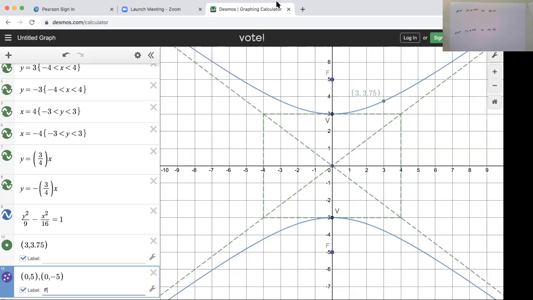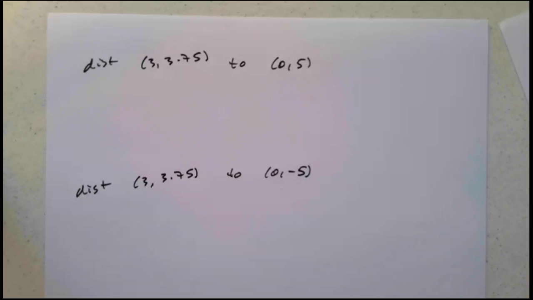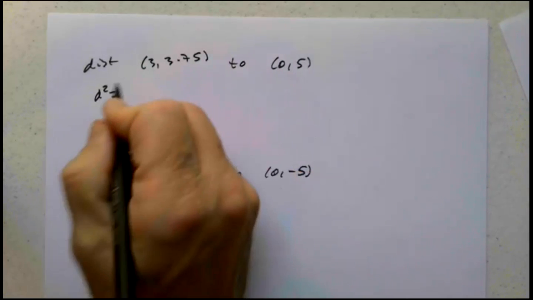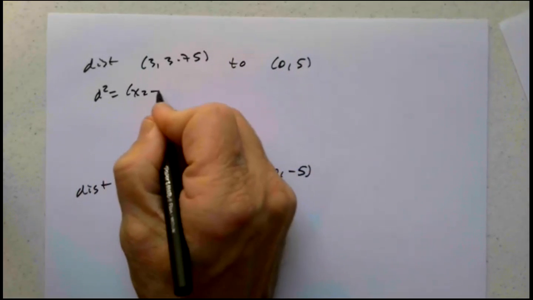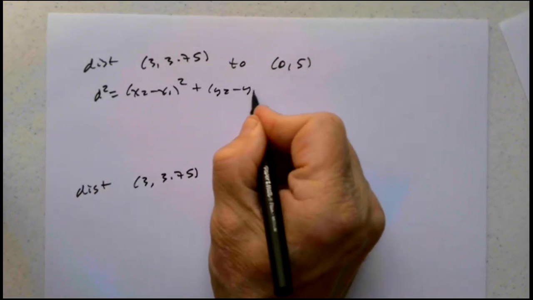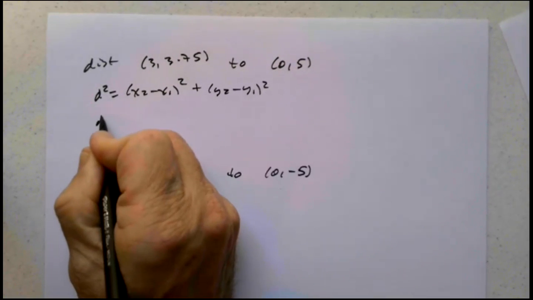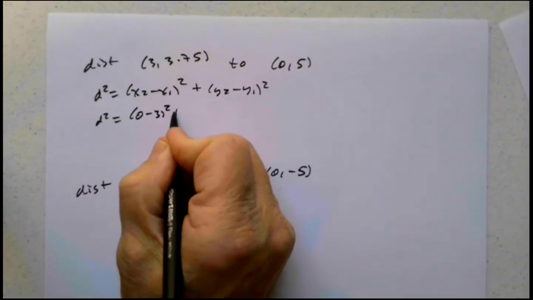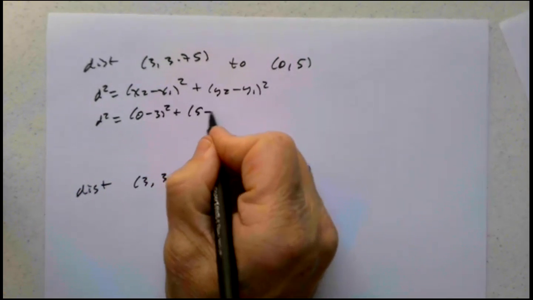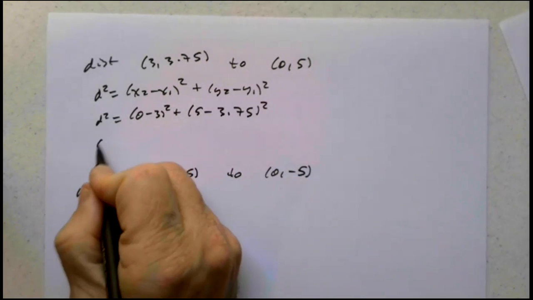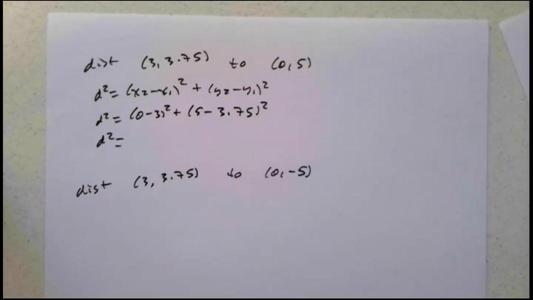So how are we going to do that? Well, hopefully we know that the distance squared is the change in x squared plus the change in y squared: x2 minus x1 squared plus y2 minus y1 squared. So 0 minus 3 squared plus 5 minus 3.75 squared. So what is that distance squared?